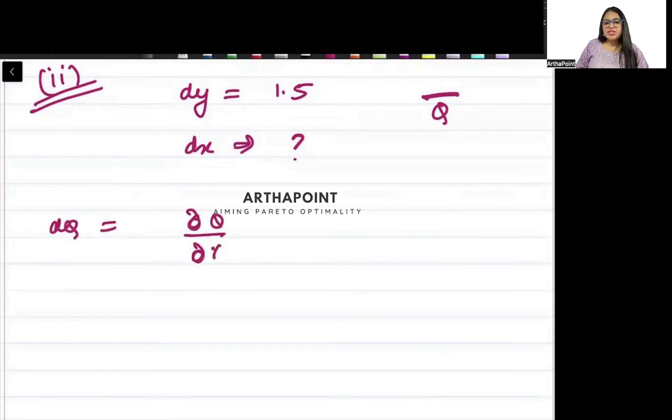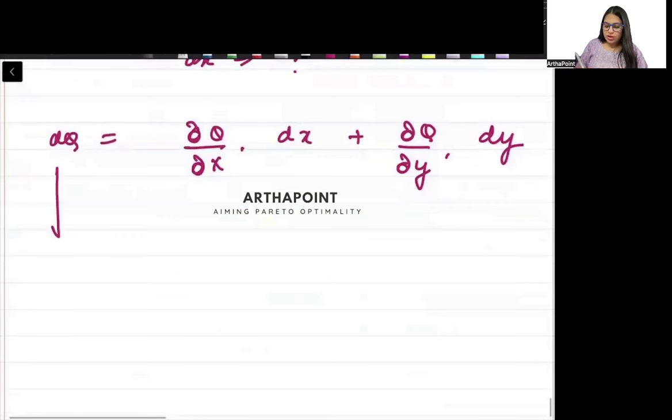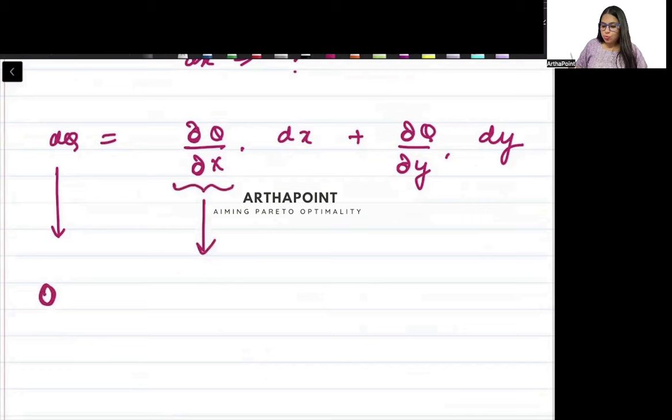Output can change when x changes, dx, plus when y changes, dy. Now try to understand a little. I don't want any change in the output. Whenever x will change, output will change by 30 units. Right?